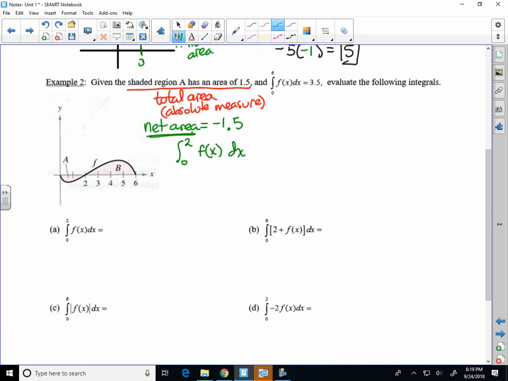All right, that value would be negative 1.5, right? So that's this guy right here. So I'll just draw a little arrow. All right, so that actually happens to be the answer to part A also, so that's good news, negative 1.5.